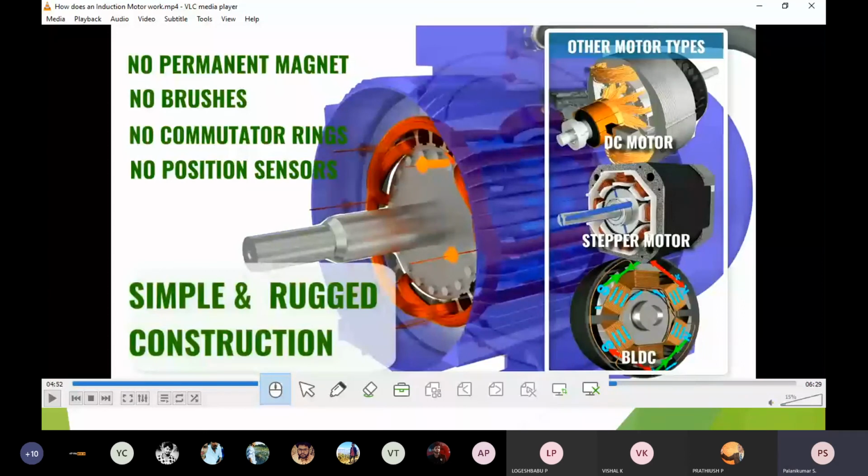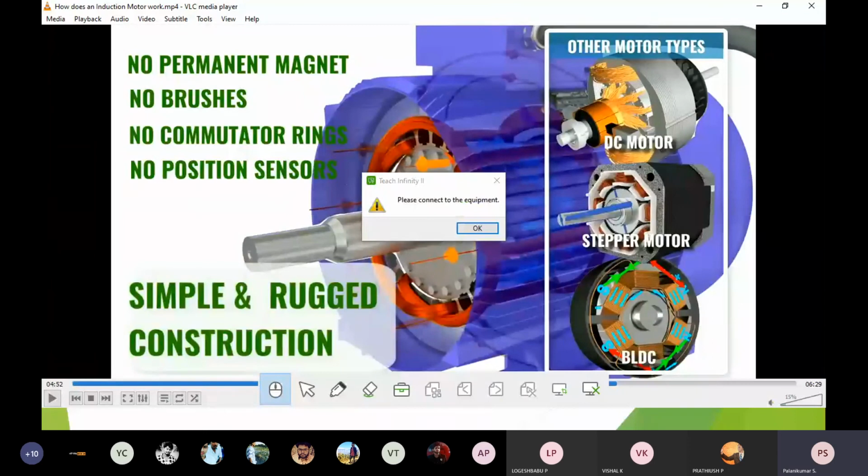This is the reason why Tesla, whatever the model, Model 3 and others, use only induction motors.